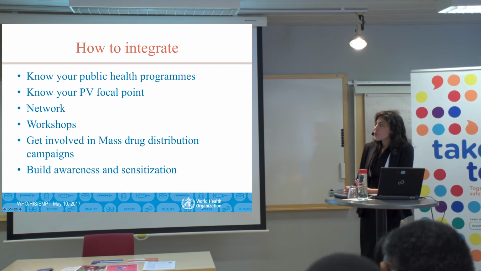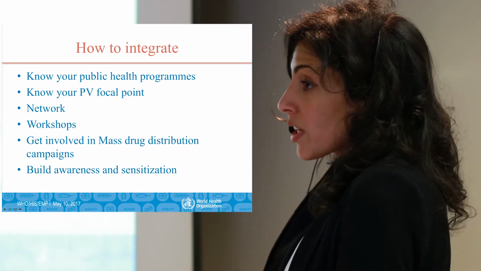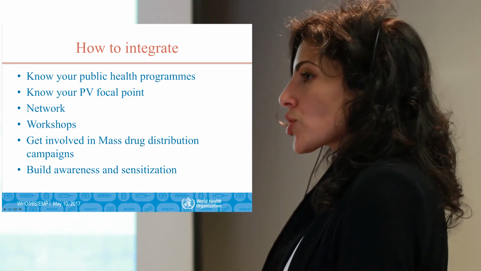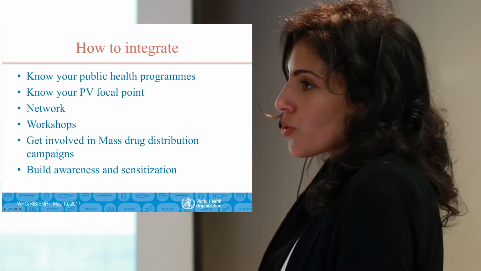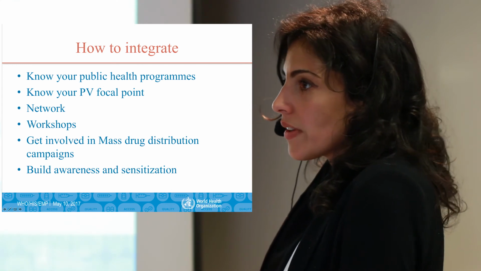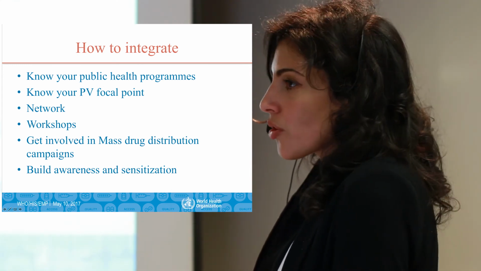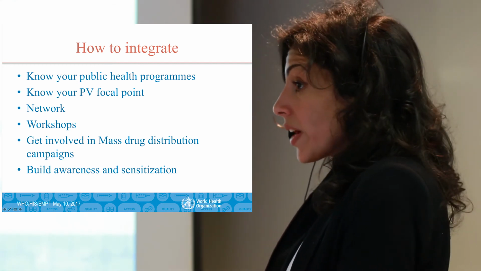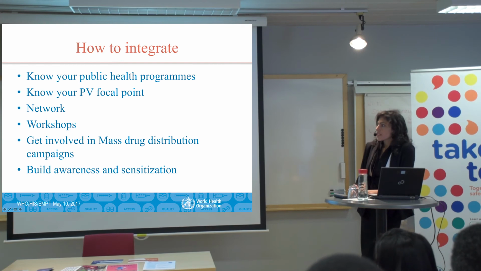If there is a workshop, for example for seasonal malaria chemoprevention, they usually have a workshop for community workers on how to record and survey the giving out of medicines, so put PV into that workshop. They have a training session anyway, so make sure PV is in the training sessions. Also get involved in mass drug distribution campaigns.